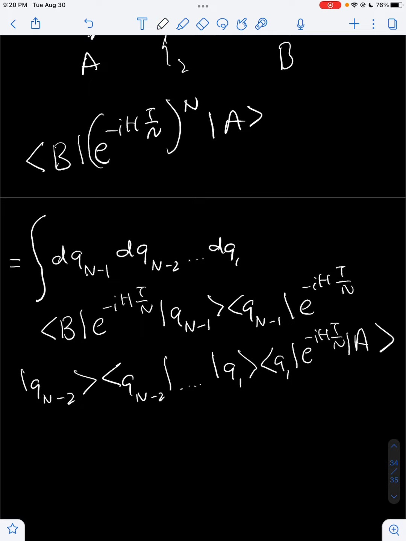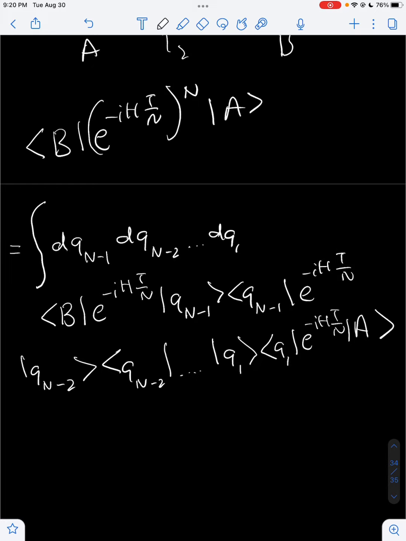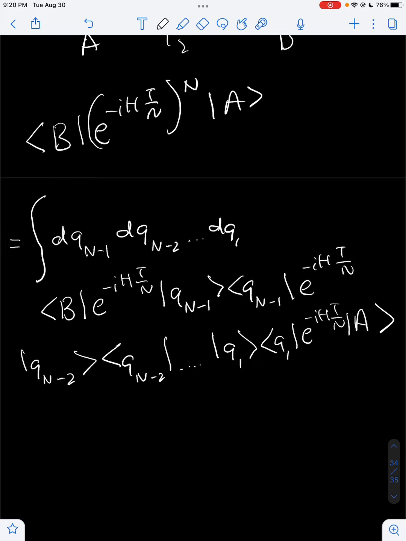Now, you might be wondering, what are we doing right here? We're saying that if we have n time slices, that's the equivalent of time evolving each q n up to a.